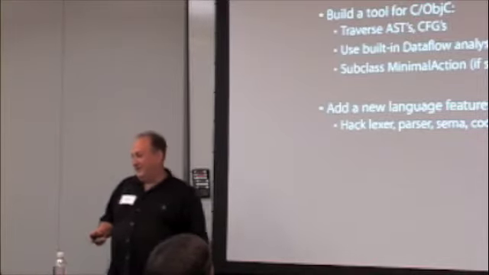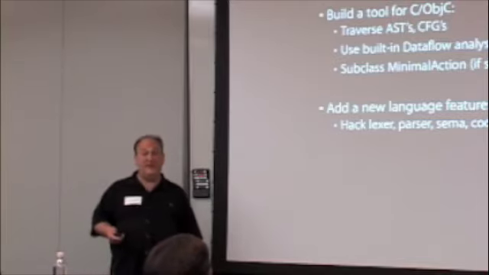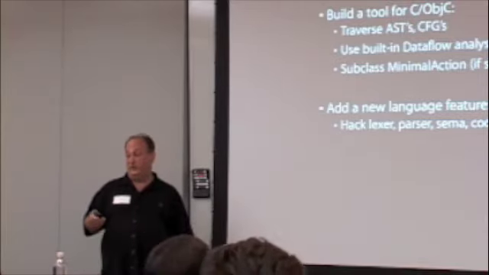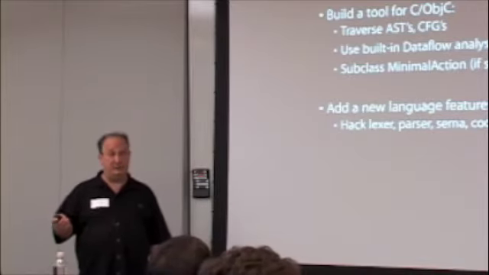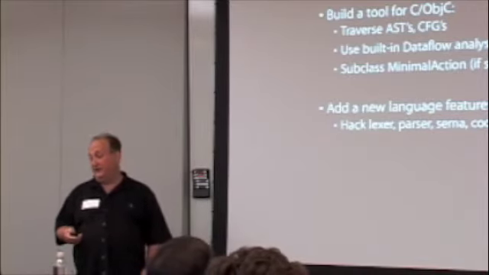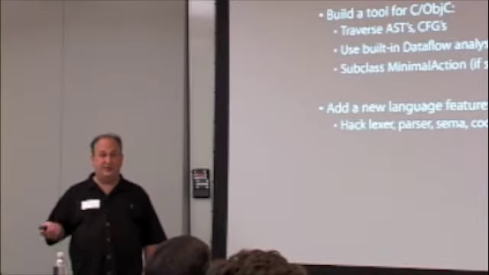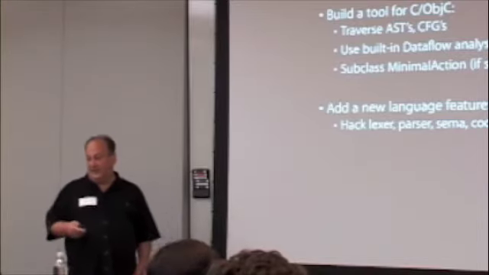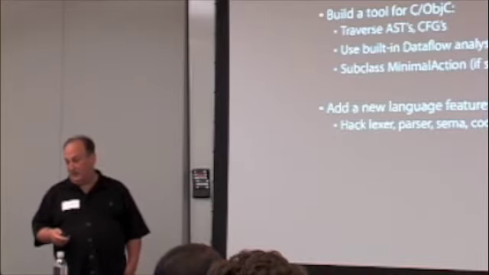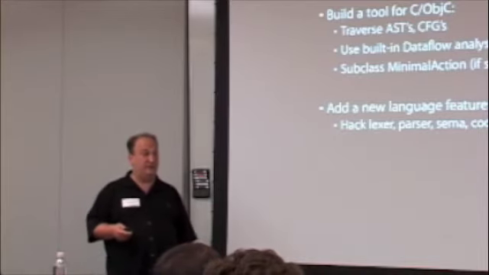Extending Clang. You can traverse the ASTs, as I just showed you. You can traverse the CFGs, which is a control flow graph that Ted will talk more about. You could use built-in data flow analysis, which is also part of the analysis library. And lastly, if you're bold, you could implement a subclass of MinimalAction.